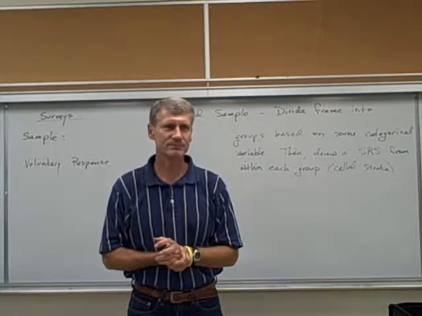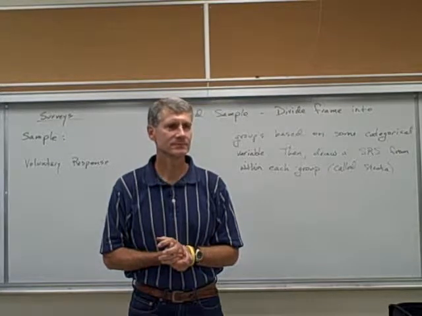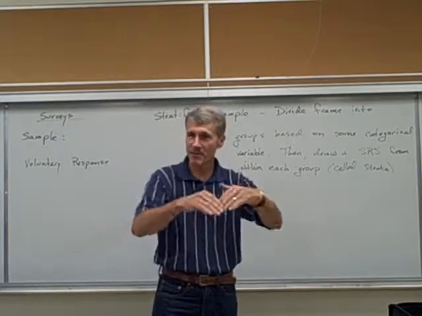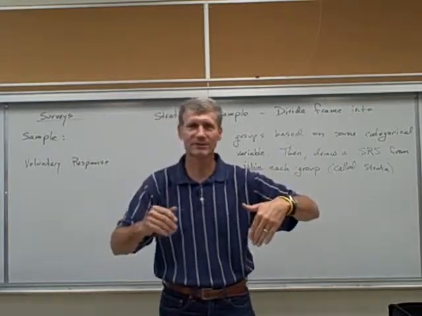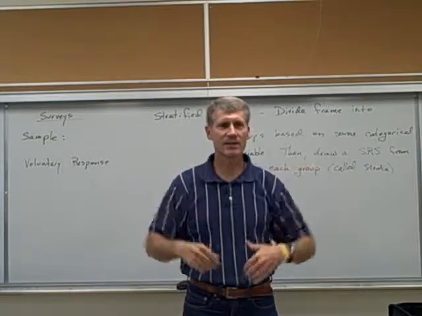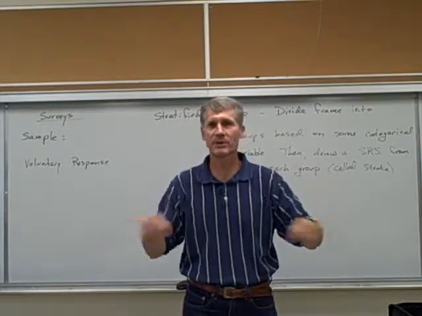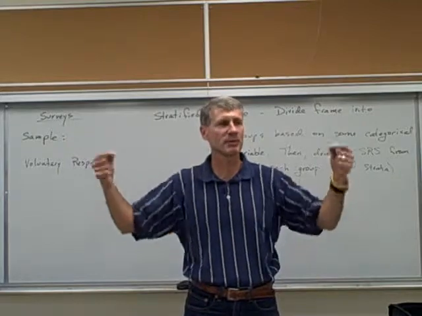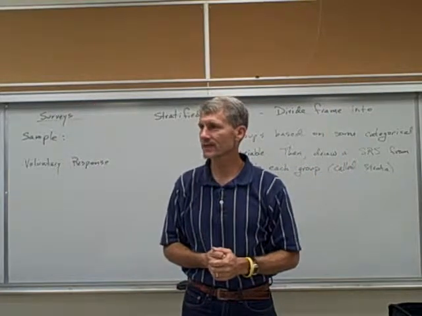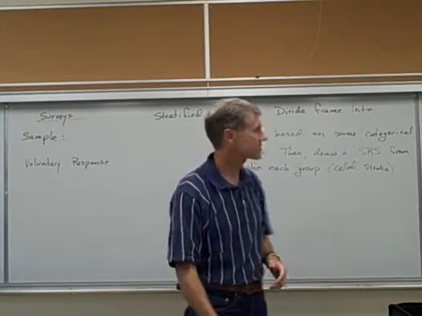Divide it into different parts of the room and then randomize from those. Very good. Divide maybe by rows. Looks like we have 5 rows here. There's a 6th row, but nobody's in it. So I got 5 rows, and say, well, I'm going to take a simple random sample from within each of those 5 rows. So maybe I select 2 people from each row, and that's my sample. Okay? That's a stratified sample.